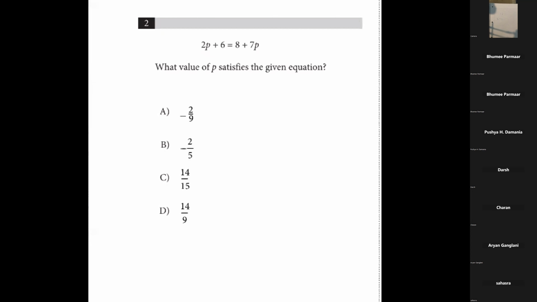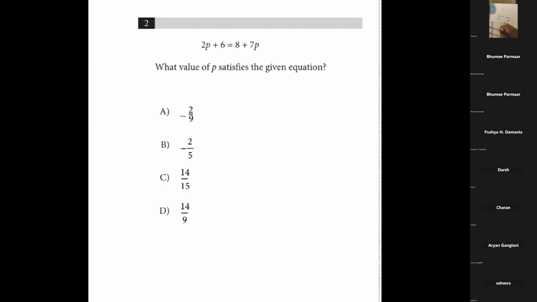So for this one, we have 2p plus 6 equals 8 plus 7p. What we want to do is get the variable, p, on one side of the equation and the constant on the other. So we'd subtract 2p from both sides. That would give us 5p plus 8 equals 6.